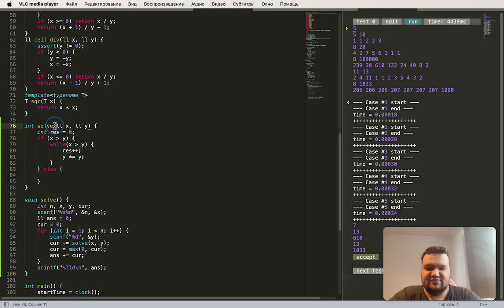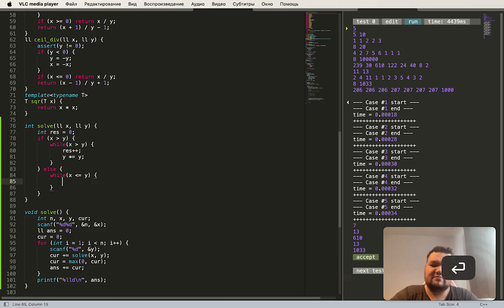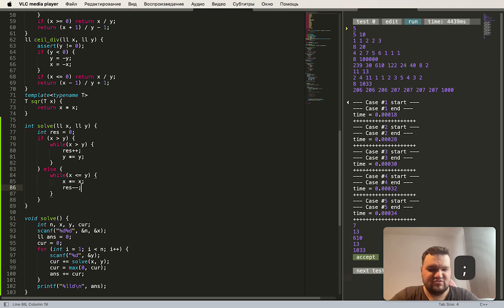Yeah, and if x is smaller than y, while it is smaller, I will square it and do result minus minus, but the last squaring makes it strictly greater, which is not okay for me. So I need to undo it.